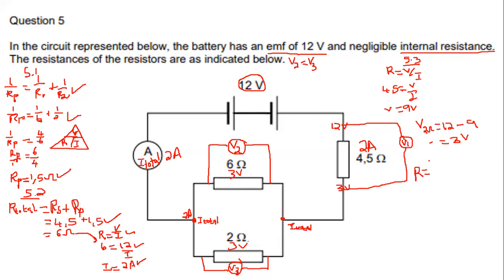R is equal to V over I. So on the 2 ohm resistor, I will put 2, and then for the voltage, I know I have 3, and I will divide by I. And then to get I, I know that it must be V divided by R, and I'm going to get 1,5 amperes.